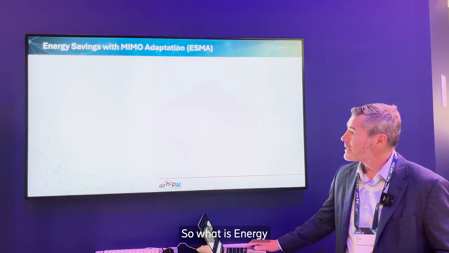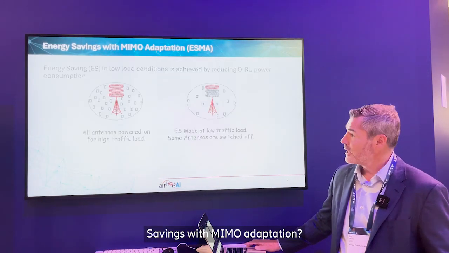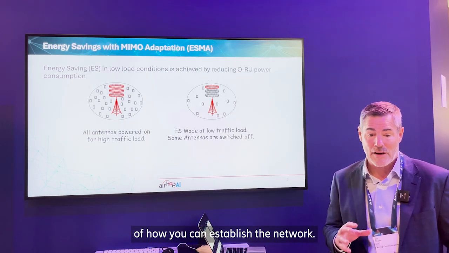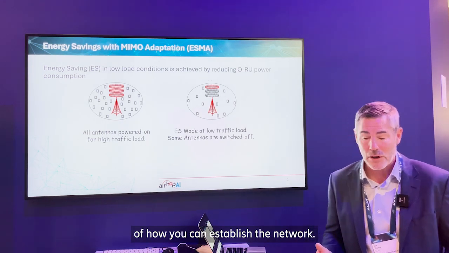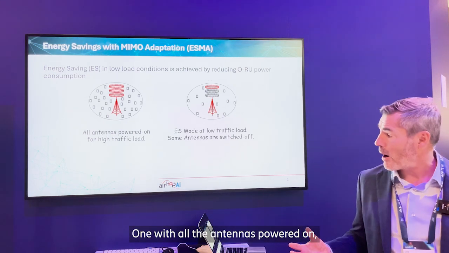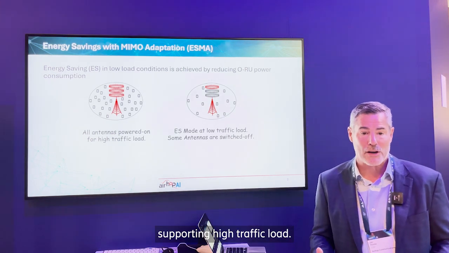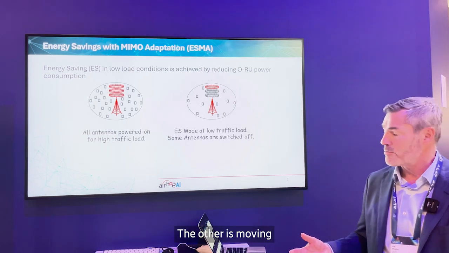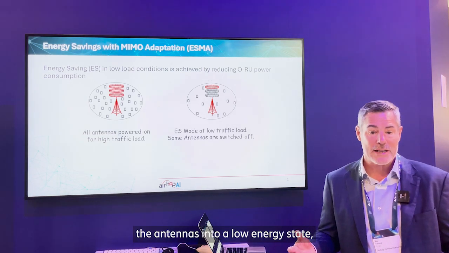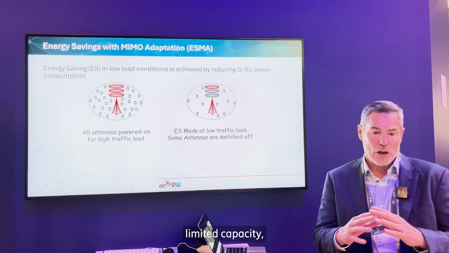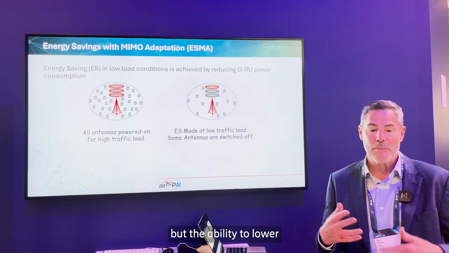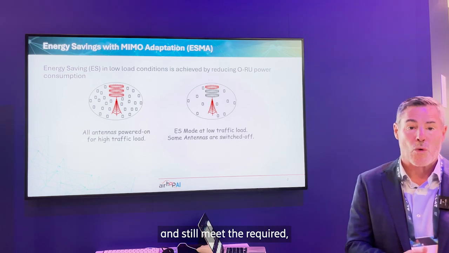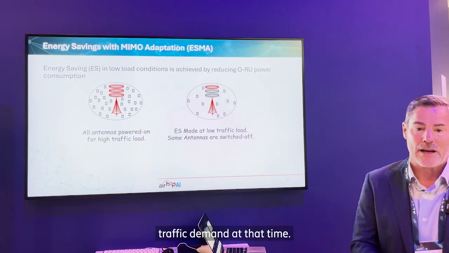So what is energy savings with MIMO adaptation? Essentially it's looking at a couple of different cases of how you can establish the network. One with all the antennas powered on, supporting high traffic load, but obviously that's done with the most amount of power consumption available. The other is moving the antennas into a low energy state, limited capacity, but the ability to lower the overall power consumption and still meet the required traffic demand at that time.